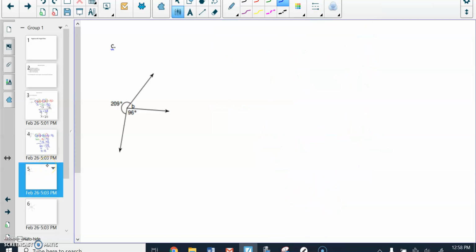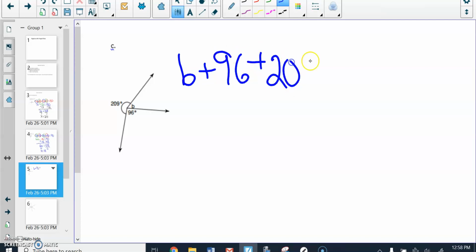Okay, my next example. These are angles on a point, so they all add up to 360 degrees. So if I write my equation, it'd be b plus 96 plus 209 equals 360.